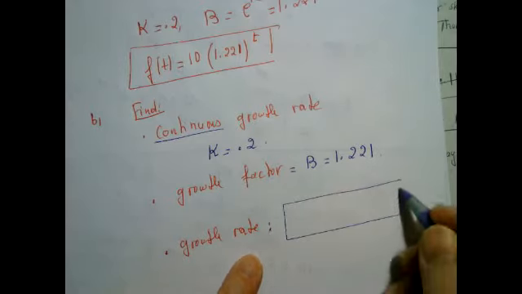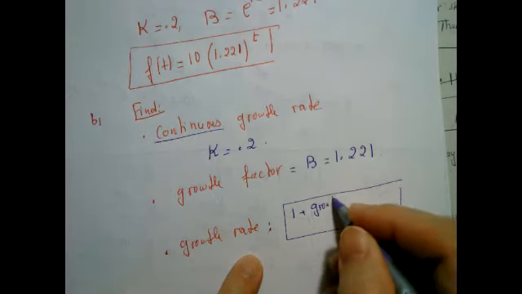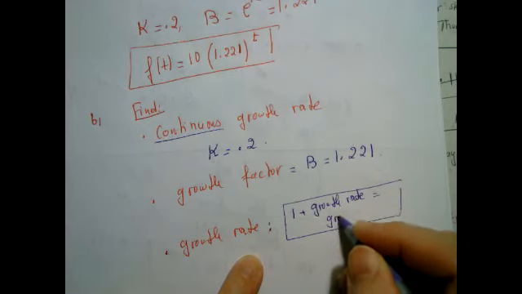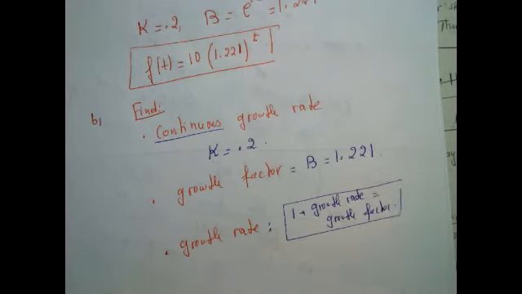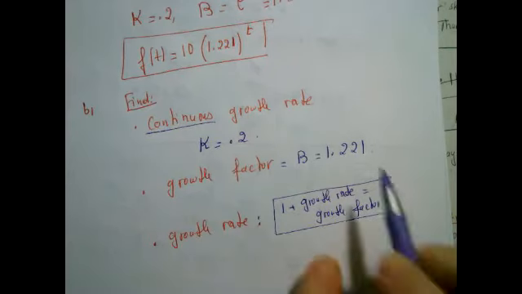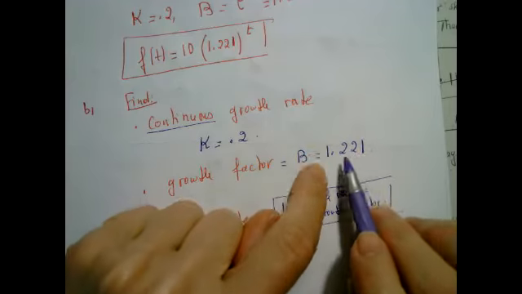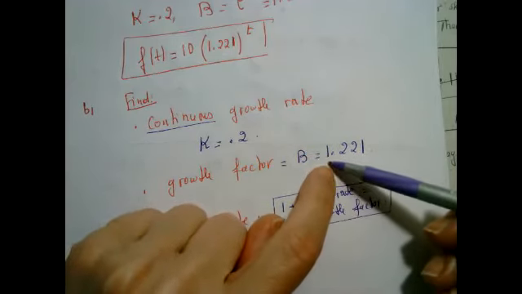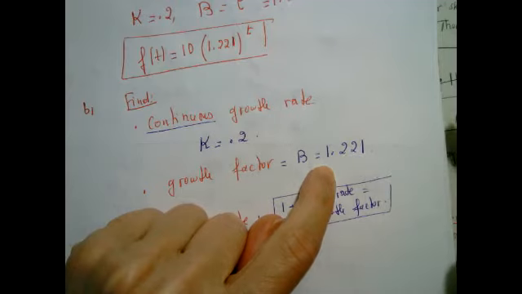1 plus the growth rate is the growth factor. That's really the relationship. Intuitively, if b is 1.221, it means the population every year, the function is 122.1% of what it was the year before.